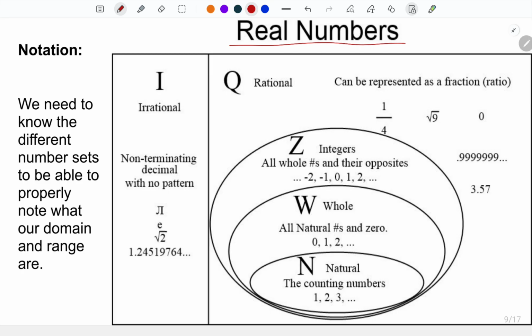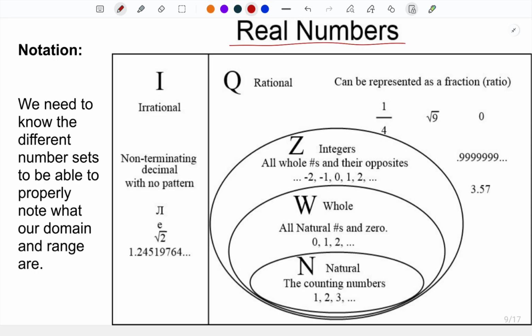There are other number sets, but the real numbers are all the things that you know. So things like 1, 2, 3, 4, fractions, integers, square roots, and special numbers like pi, which we use in the area of a circle, pi r squared. All of those are what we call real numbers.